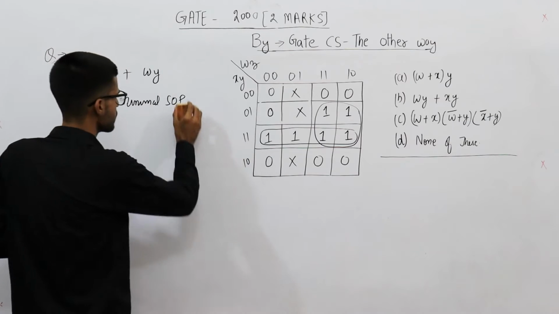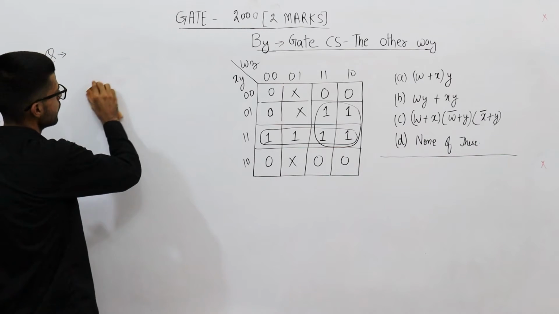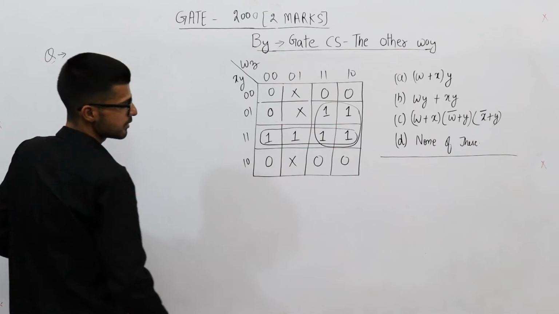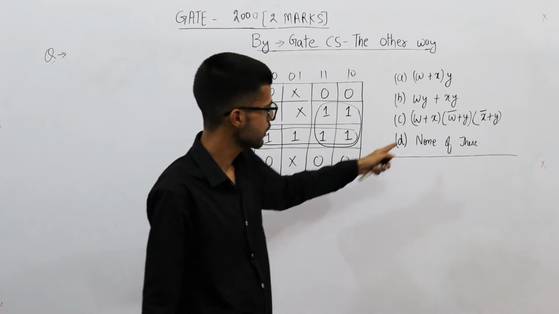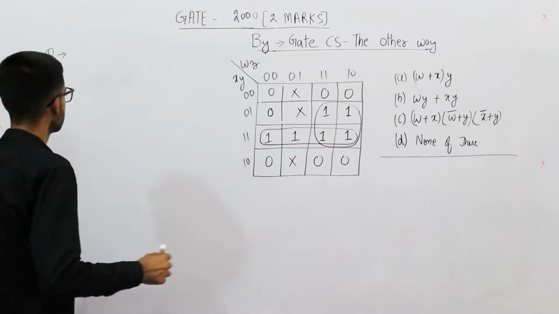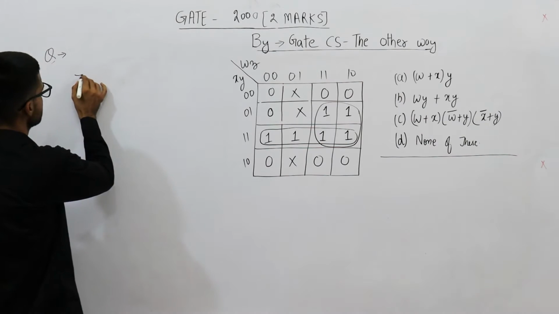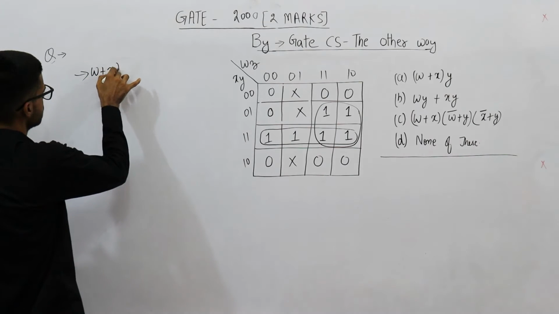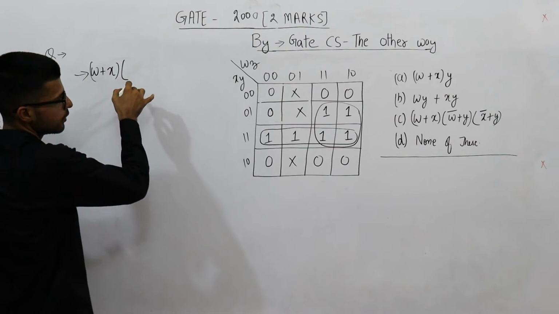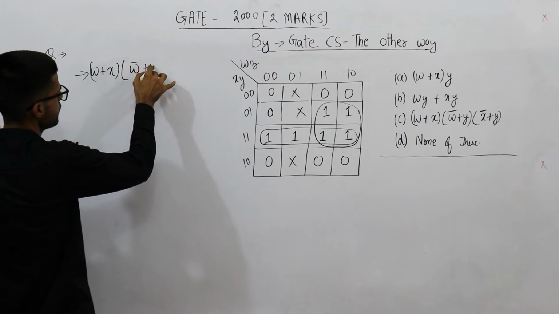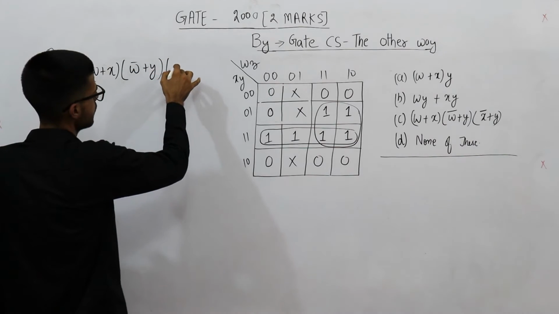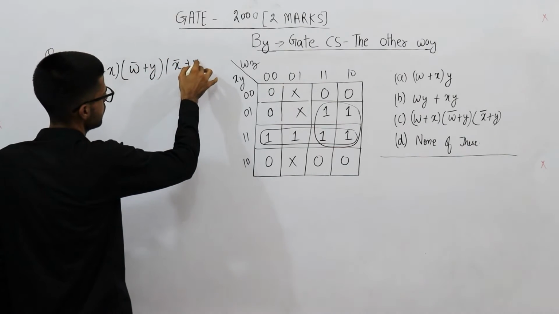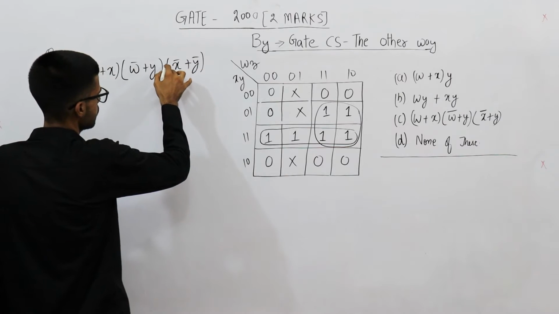Now let's see option C. If you try to minimize this option C, first of all, let's convert it into SOP form for simplification. You have W plus X into W bar plus Y into X bar plus Y. Let's do one thing.